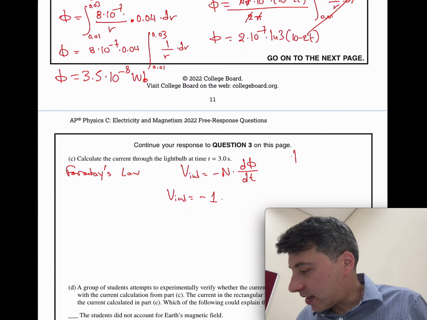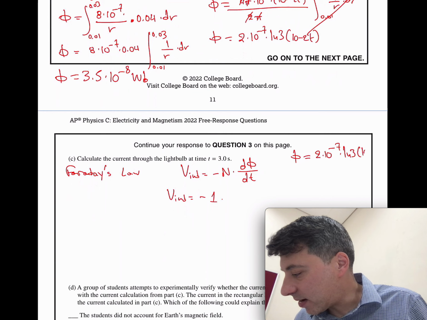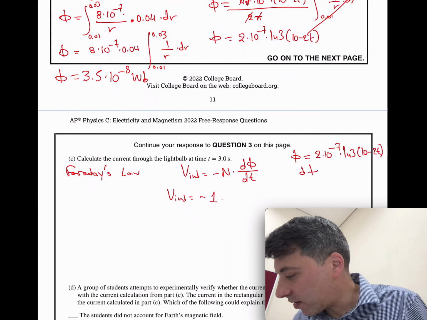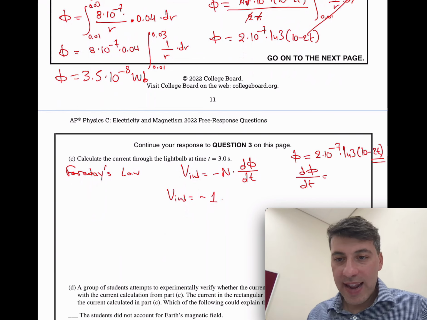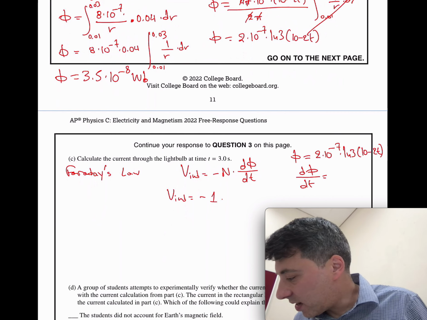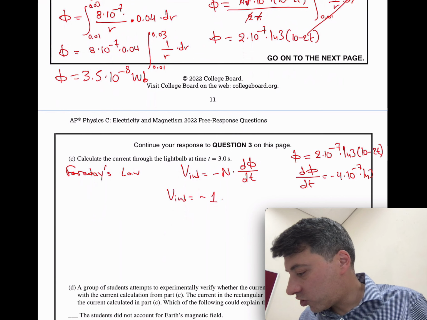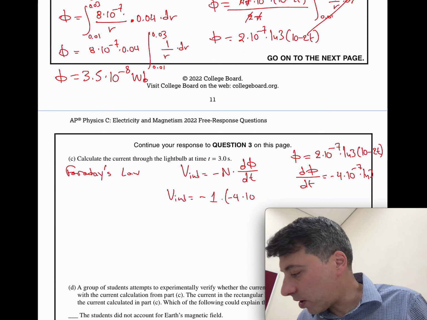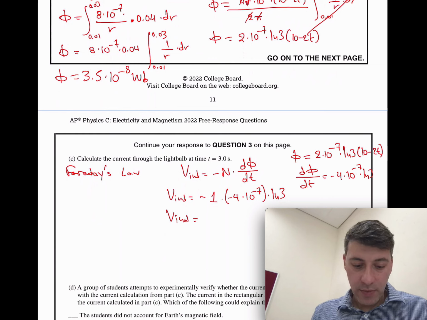So phi is equal to 2 times 10 to the power of negative 7 times ln 3 times 10 minus 2t, and the derivative with respect to time is the same thing multiplied by negative 2. So it will be negative 4 times 10 to the power of negative 7 ln 3, and that's the value of the derivative.